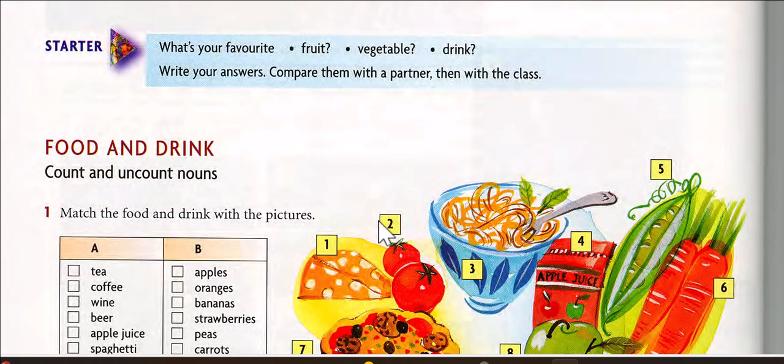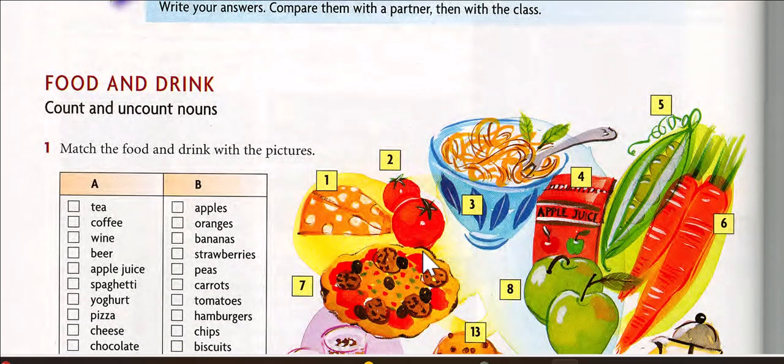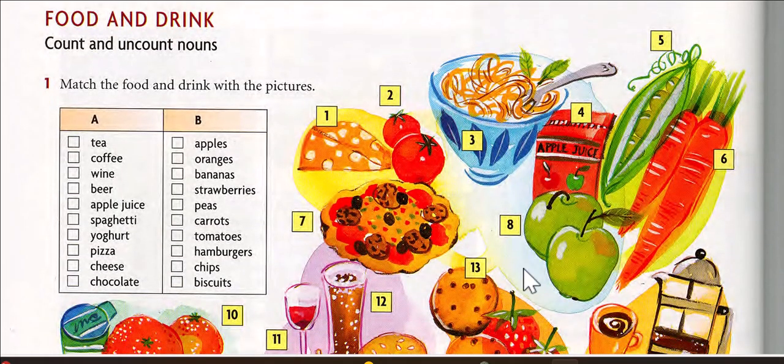So here, the first exercise, they have given a number of food items, pictures, and there are two lists, list A and list B. What you have to do is match these pictures with list A or B. Now, let us see what are the things listed in A. Tea, coffee, wine, beer, apple juice, spaghetti, yogurt, pizza, cheese, chocolate.